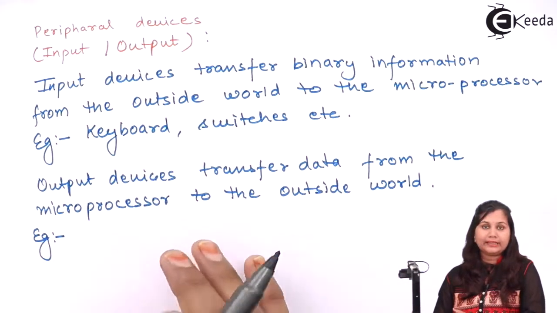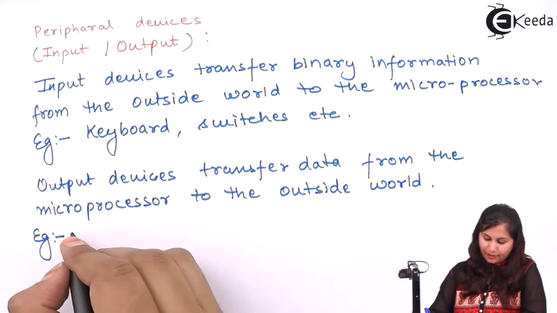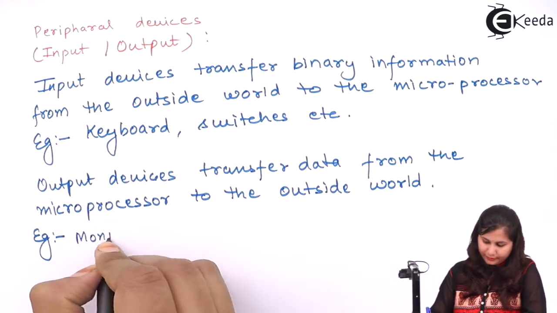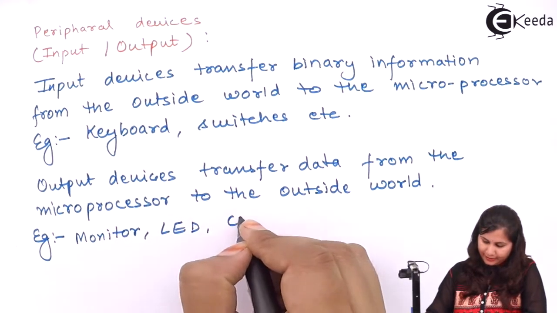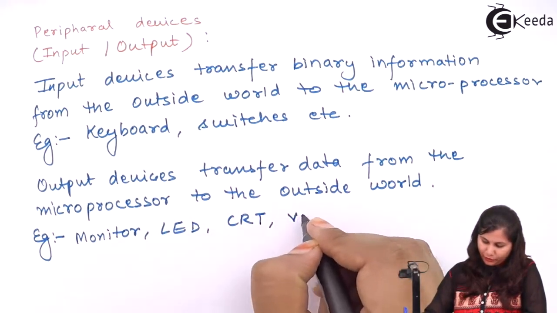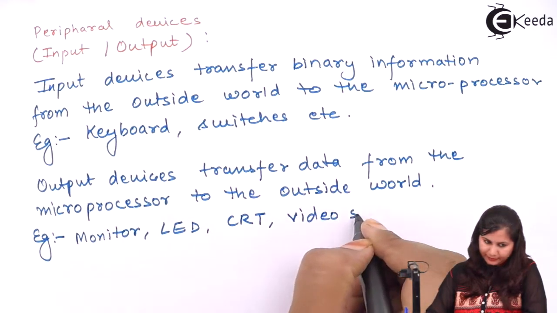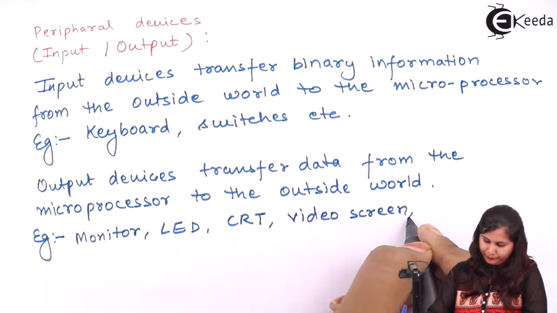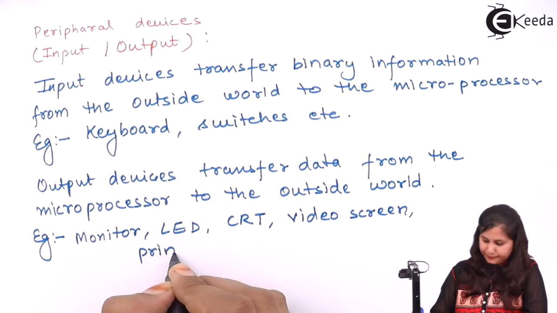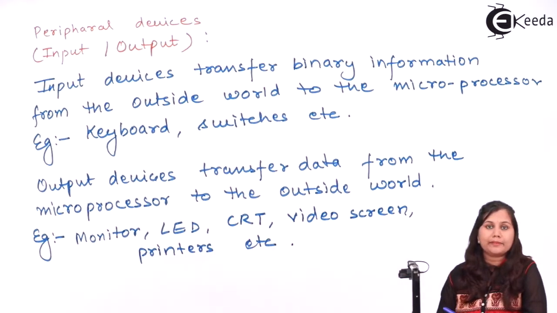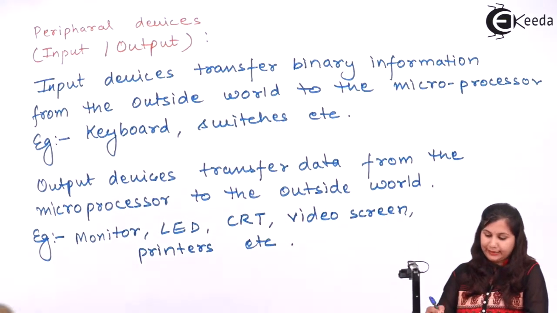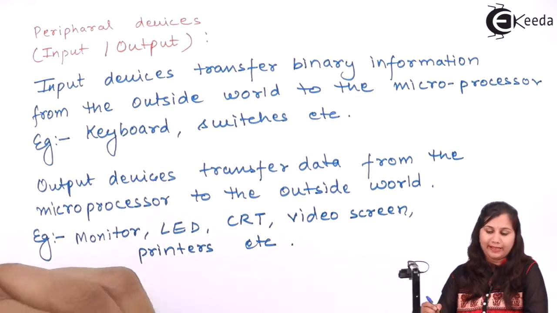That is, they are providing the result. And examples are monitor, LED, CRT, video screen is also there, printers, etc. These are the examples of the output devices, and combinedly the input and the output devices are known as the peripheral devices.